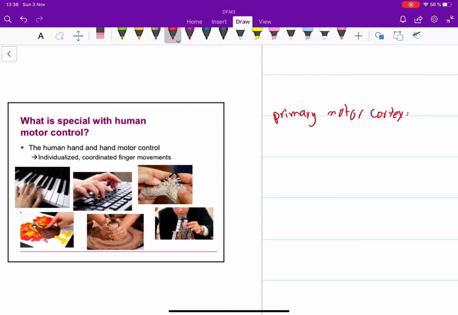The function of this area is it plays a huge role in voluntary movement and skill learning, in particular skilled movements like hand and finger movement.